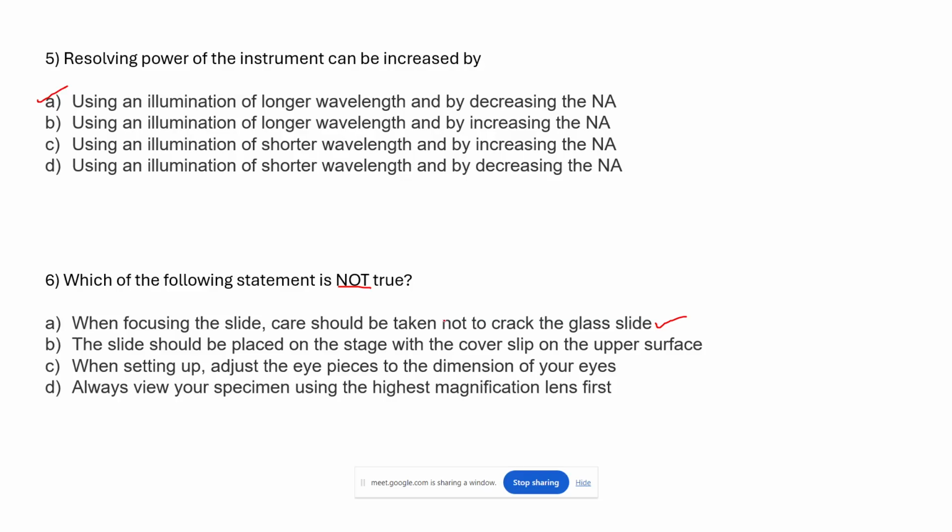We'll just damage the instrument and our object. The slide should be placed on a stage with a cover slip on the upper surface. Yes, this is also correct, because you need a cover slip in order to prevent its movement during focusing.